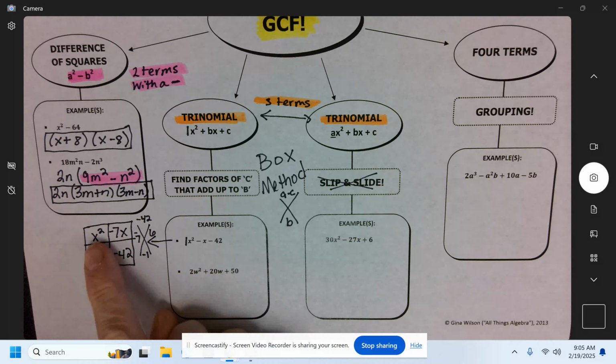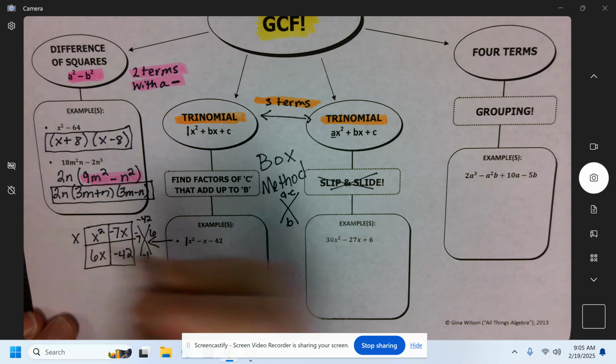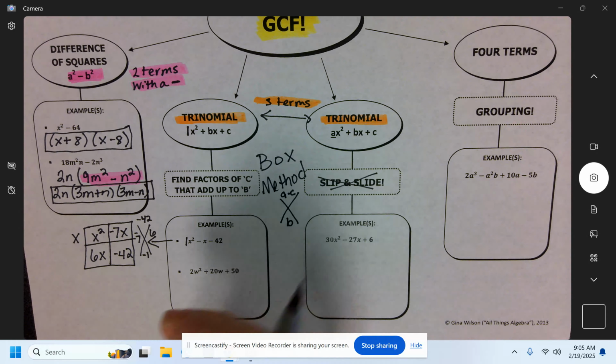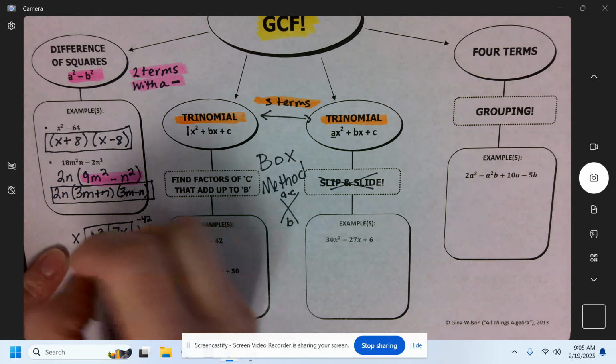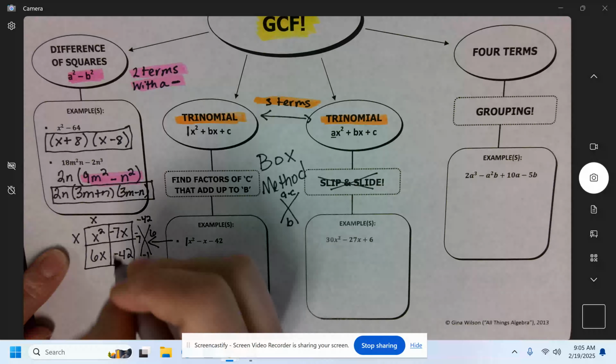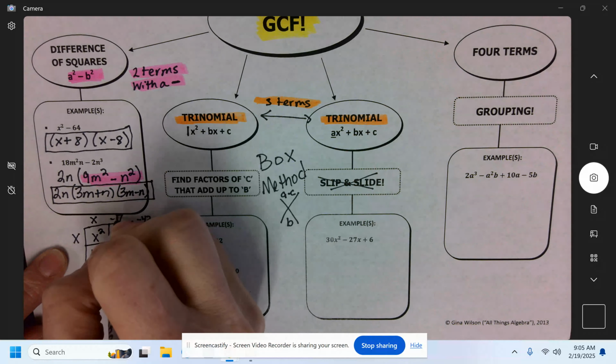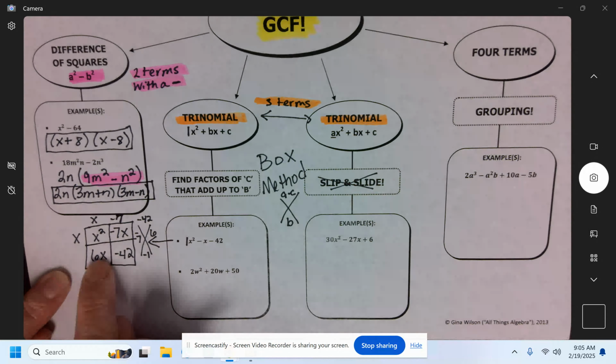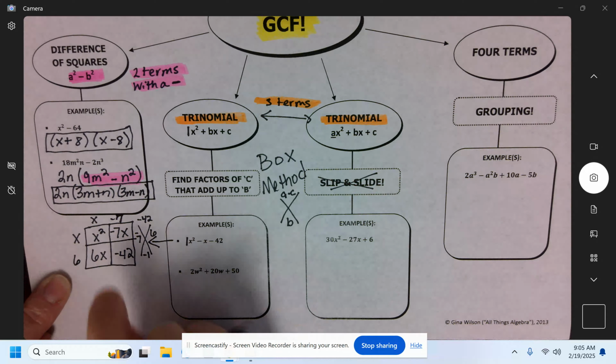Then you ask yourself, what is the greatest common factor across the top? Well, that's x. And then you make the box work. X times what is x squared? Well, that's x. X times what is negative 7x? That's negative 7. X times what is 6x? 6, and then here's your check.